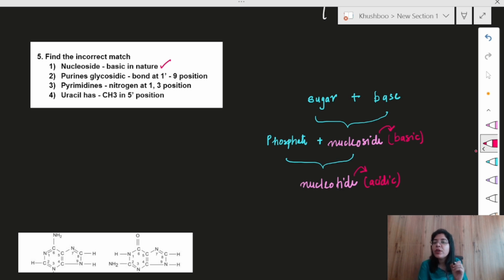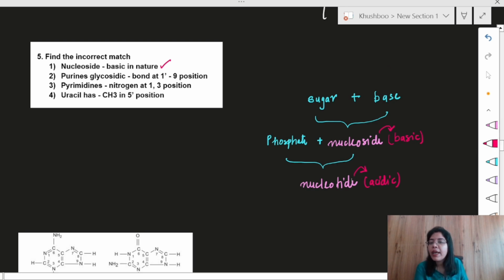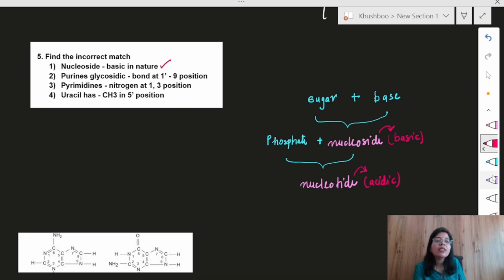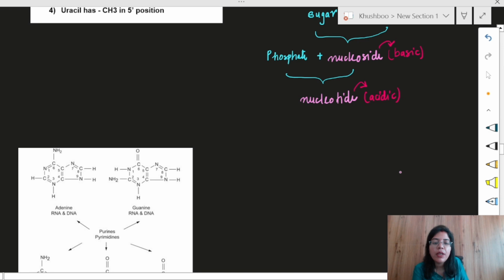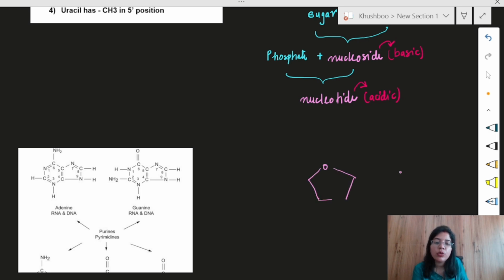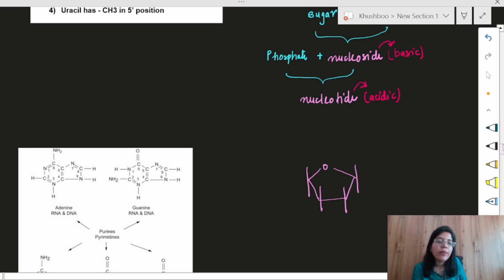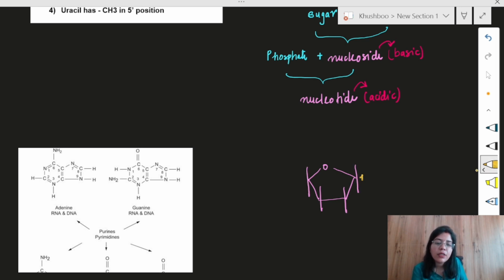Purines, okay, purines are bonded to the sugar by the ninth position. Look, always remember, the sugar's first carbon only will be used for attaching the base. For example, if this is our pentose sugar, okay, where is the first carbon in this? This is the first carbon, right? This is the second carbon, this is the third carbon, this is the fourth carbon, and this is the fifth carbon, right?